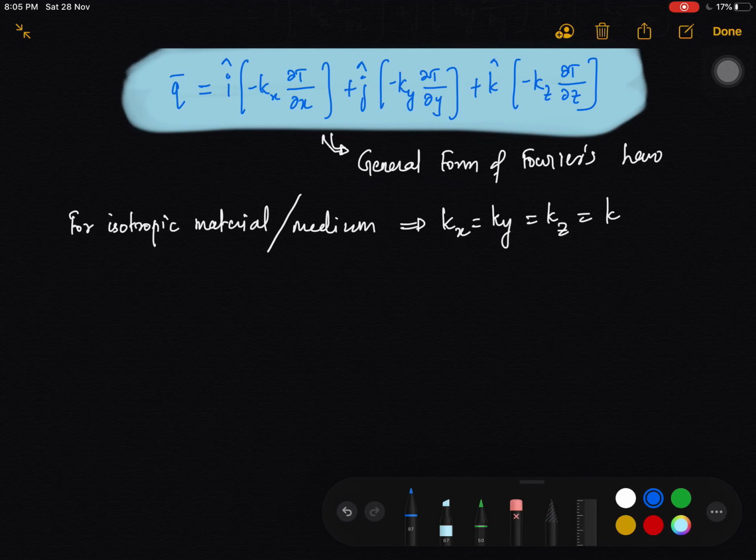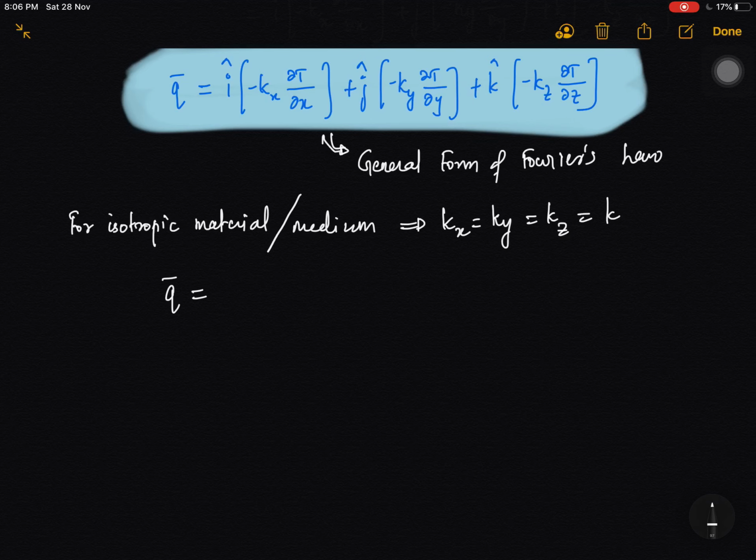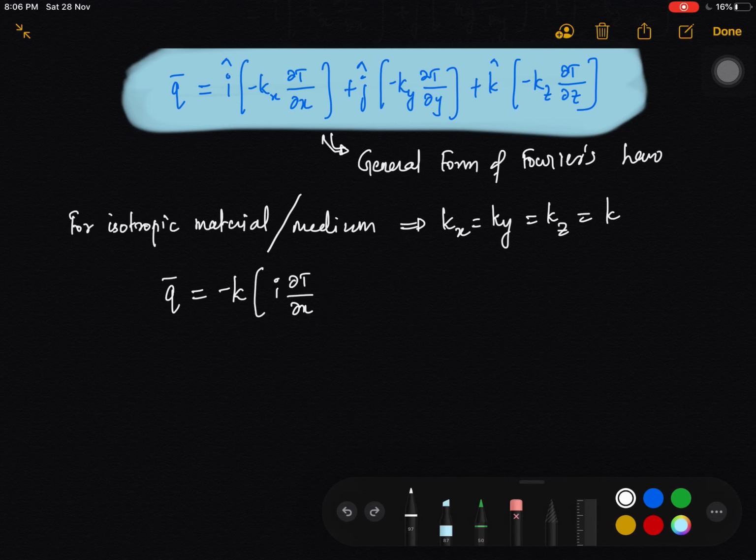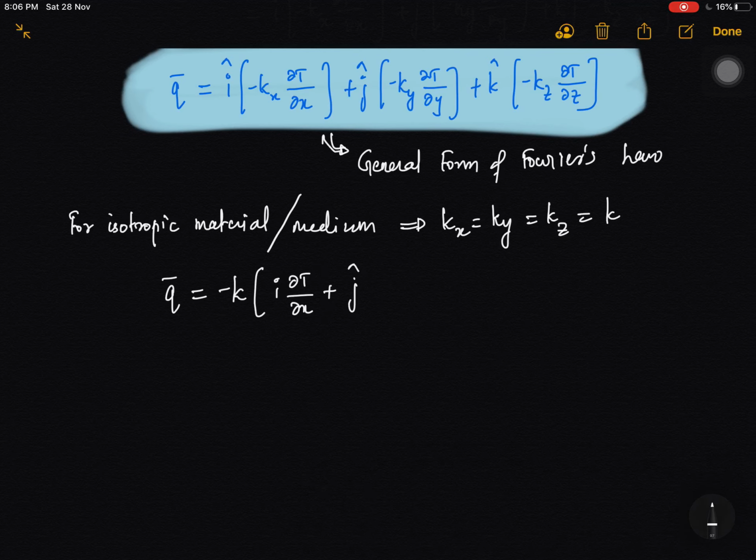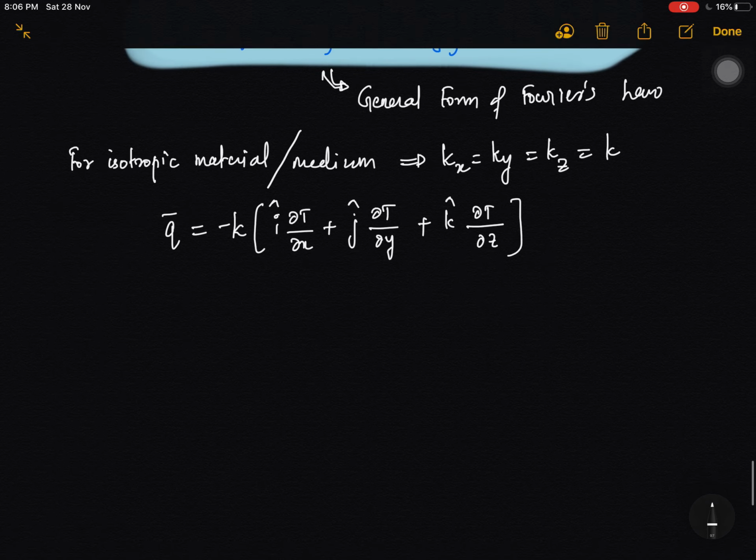So we can write this equation as q bar will be equal to minus k i cap into dou T by dou x plus j cap into dou T by dou y plus k cap into dou T by dou z, which can be written as q bar is equal to minus k del T.